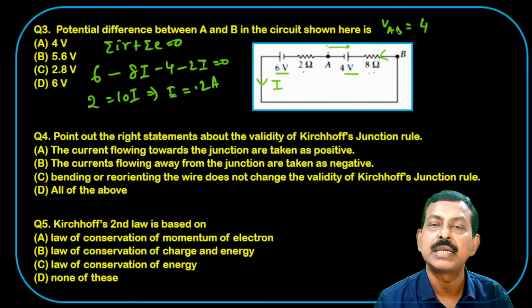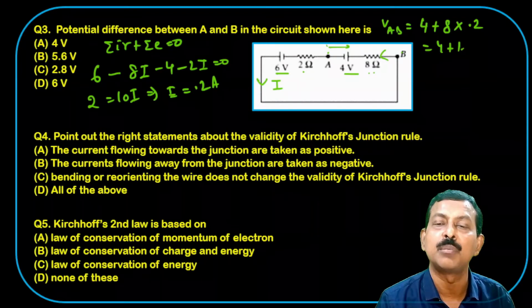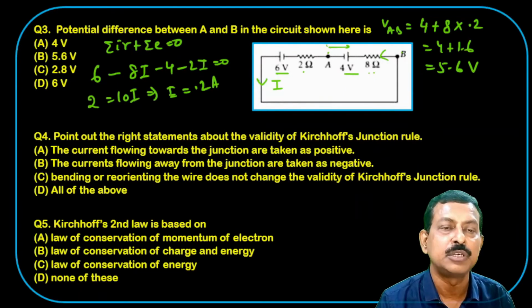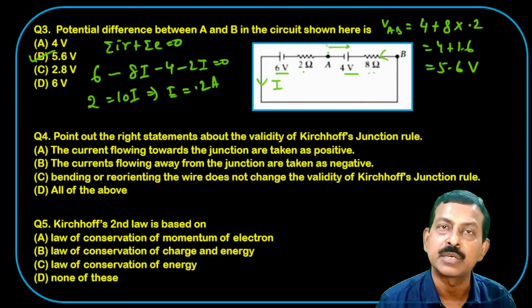So the potential difference of this resistance will be positive, plus 8 into 0.2. So it is 4 plus 1.6, that means 5.6 volt. If you look at the options, the second one is 5.6, so this is the correct one.